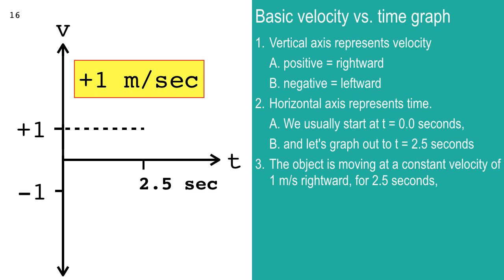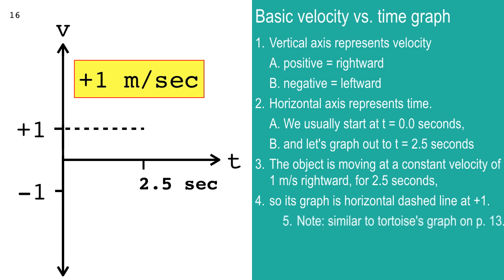The object is moving at a constant velocity of 1 meter per second rightward for 2.5 seconds. All right. The graphed line, or the dashed line, is the actual velocity graph. And it's similar to the tortoise's velocity graph in the textbook.